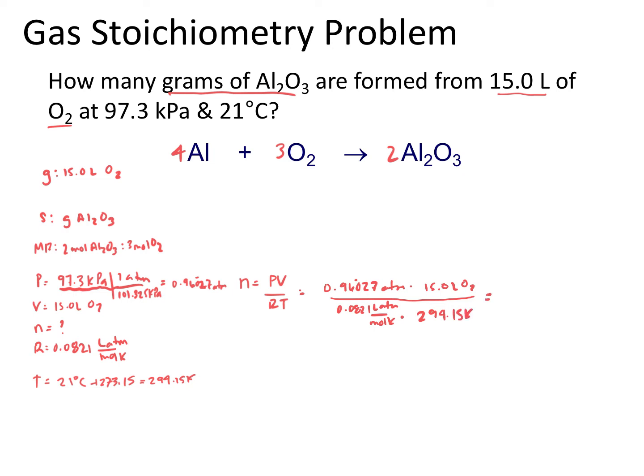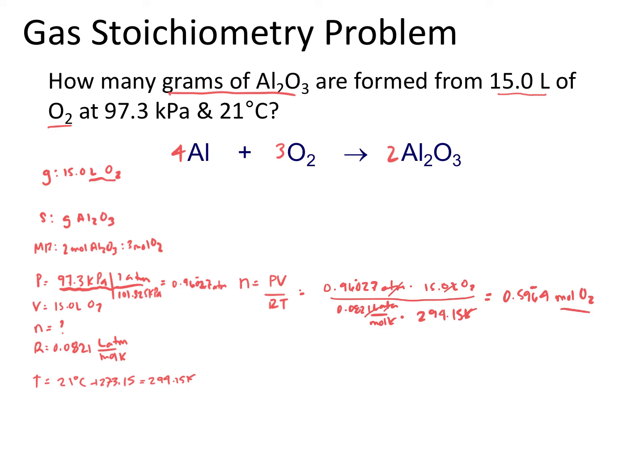When we plug all these values into our calculator, that gives us 0.5964 moles, because atm and atm cancel, liters and liters cancel, Kelvin and Kelvin cancel, so moles are left over. This is going to be moles of O2, and it looks like we're going to have 3 significant digits. So now we have our number of moles of O2. We have converted our liters of O2 into moles of O2.